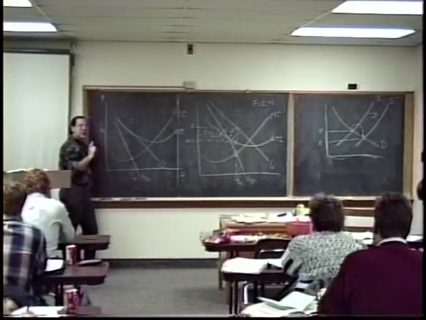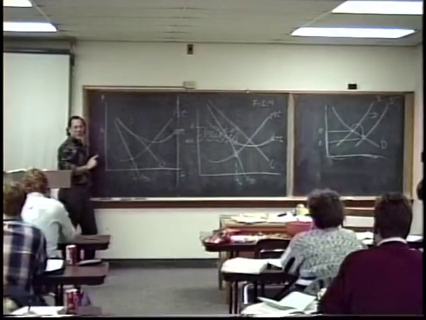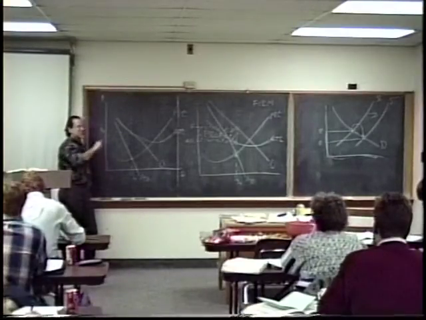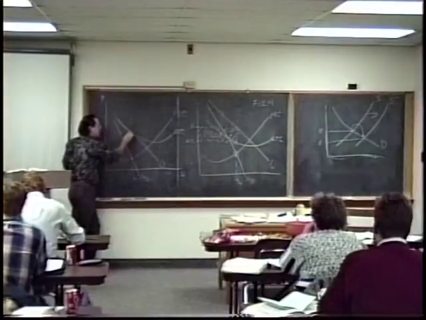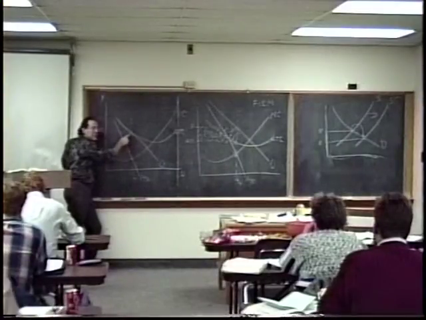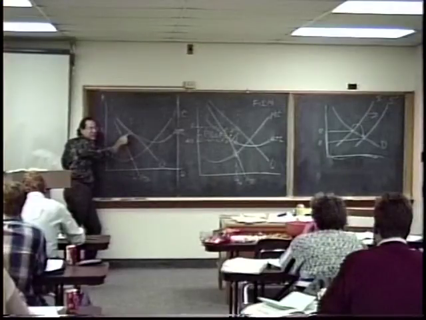So again, just like in pure competition, after we go through this equilibrium process of firms entering and exiting, being attracted by profits and chased out by losses, we're going to end up with a long-run equilibrium where everyone's making a normal profit.